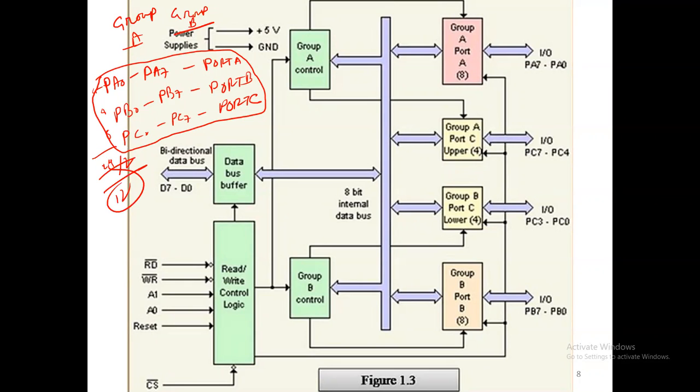So one group has 12 pins, and another group has 12.